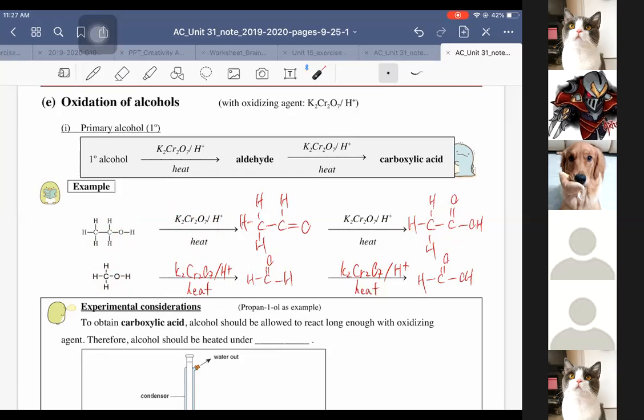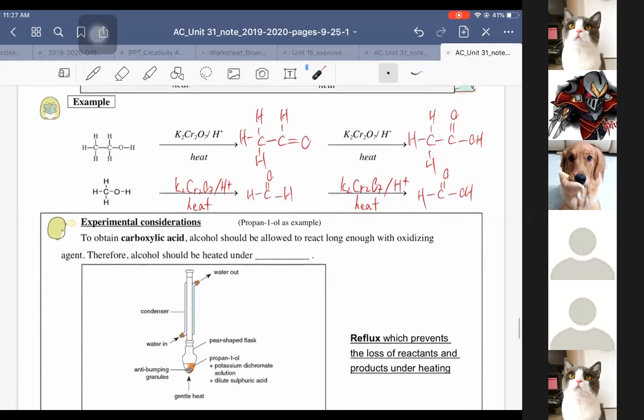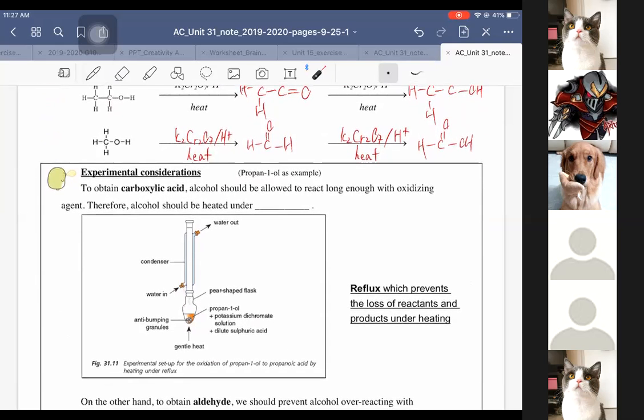But while we heat it, these 2 reactants can easily evaporate and escape the system. So to solve that problem, we need to use the setup that we talked about in the previous lesson, the reflux setup here. For example, the methanol here, the boiling point is around 65 degrees. So pretty low boiling point. It's going to evaporate quite readily.